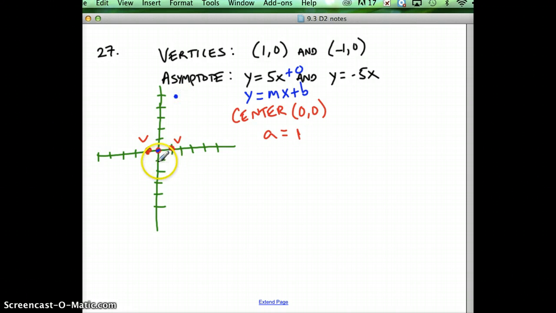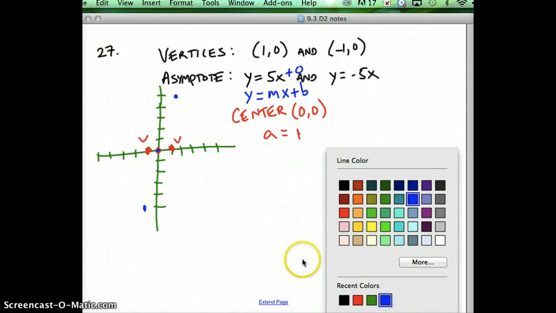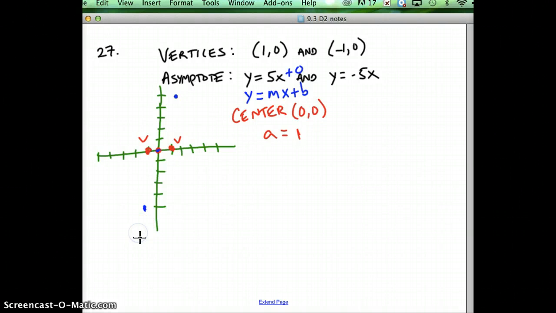Or we could go down 1, 2, 3, 4, 5 and over 1. And maybe I will try to put a nice straight line. That's about as close as I can get.